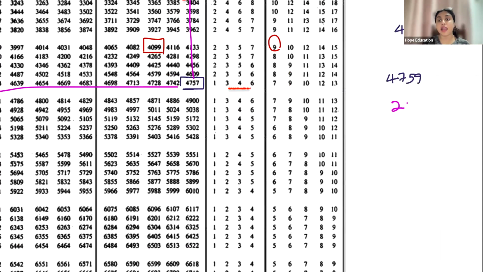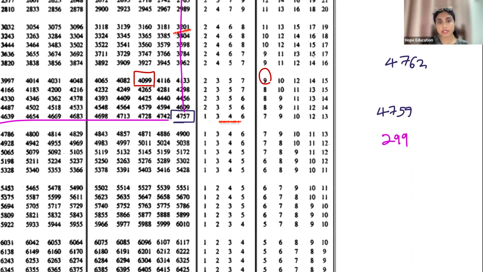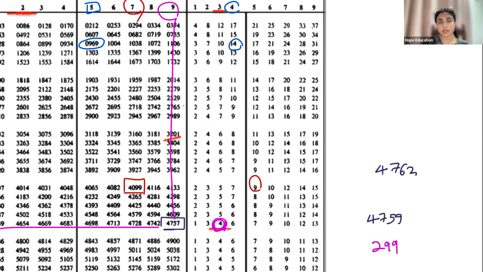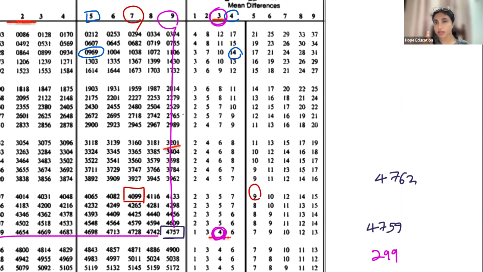Now that is 4757, and what I want is 4762. That means I need 5 more. That 5 is in the middle here. Normally when it's like this, I take the earlier one. So here this is 4, and its corresponding value here is 3. So it is better to take 3, but 4 is also fine. Normally, whether the decimal is slightly less or slightly more than the exact answer, it should not be a problem.